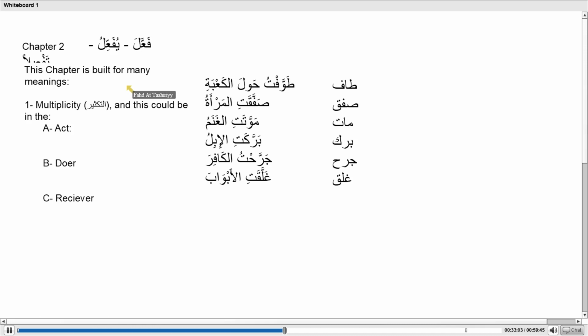But yes, in all examples, the action is multiplied. But when you say جرحت الكافر, when you say بركت الإبل, do you want to tell whoever you're speaking to that the kneeling down happened many times?